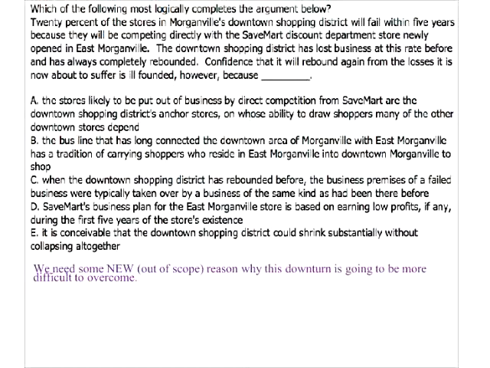So, A, stores likely to be put out of business are anchor stores on whose ability to draw shoppers many of the other stores depend. So the stores likely to be put out of business are stores that the other stores depend on.